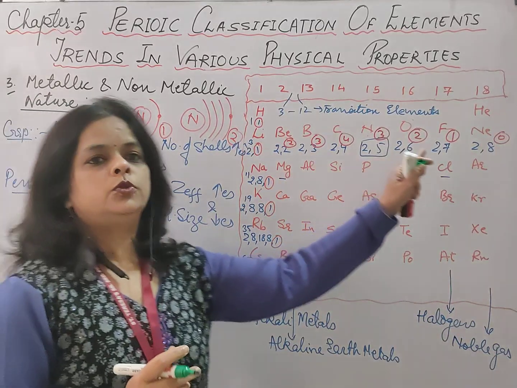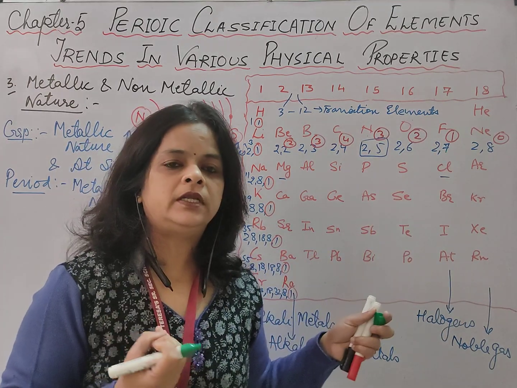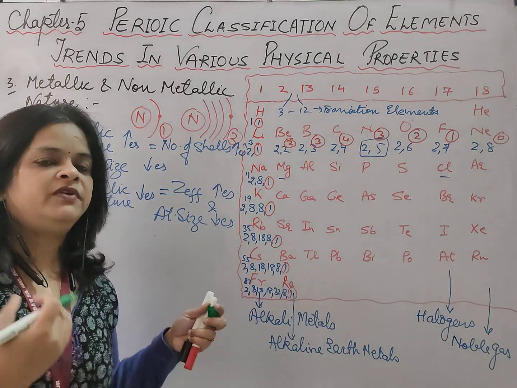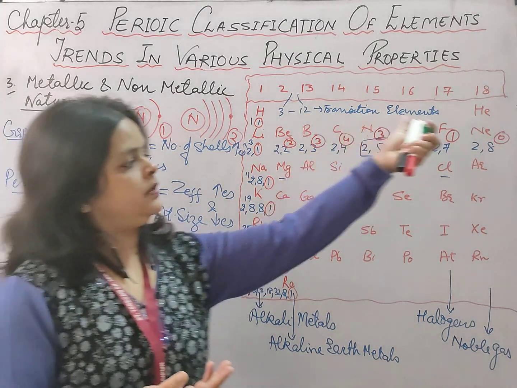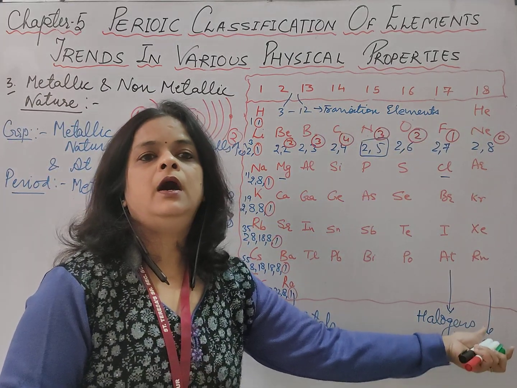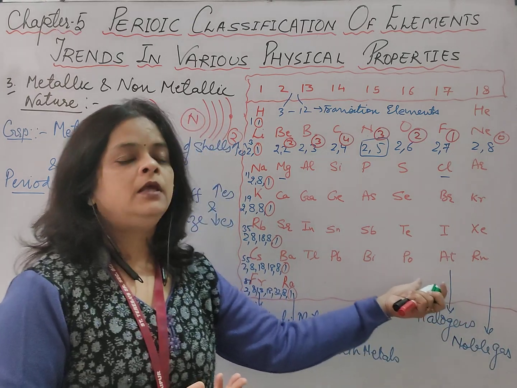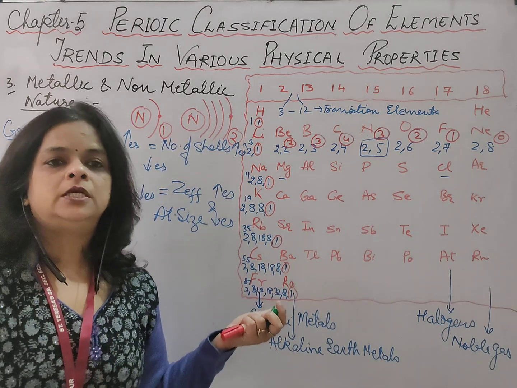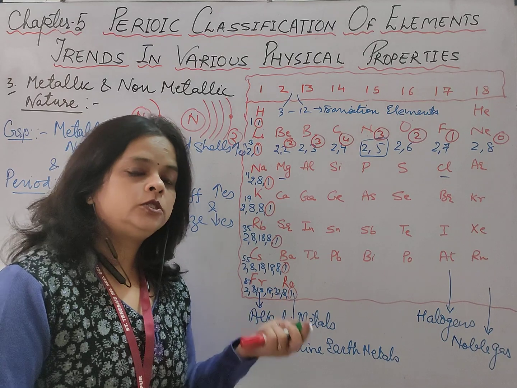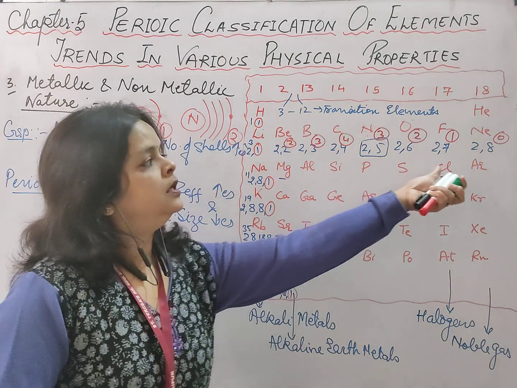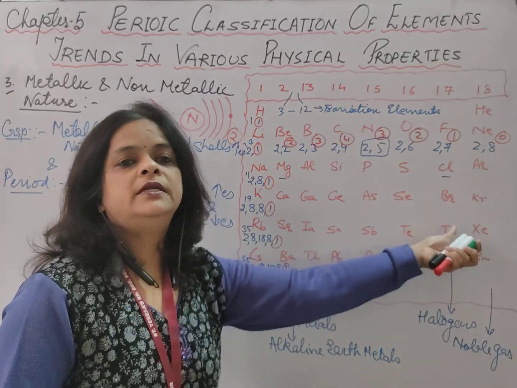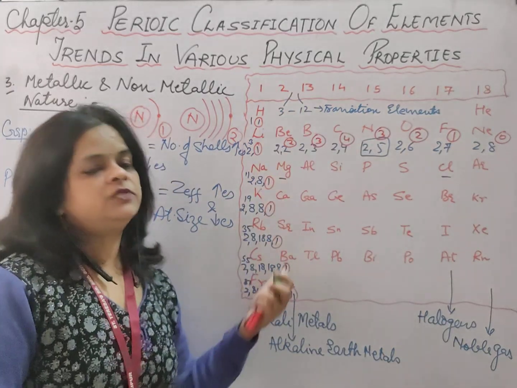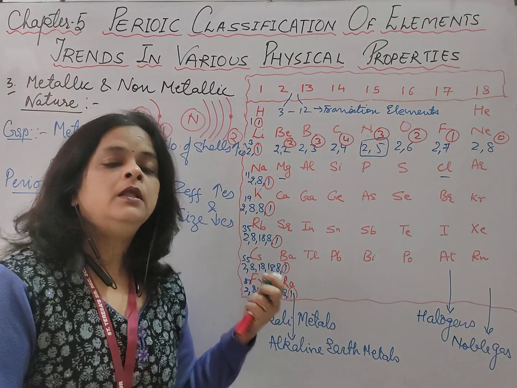That means the electrons are held very tightly by the nucleus and it is very difficult for them to release those electrons, and that is why the elements which are on the right hand side are called non-metallic, because instead of metallic nature they show the tendency to gain electrons. So we can say the elements present on the right hand side are non-metallic, and the ones present on the left hand side are metallic.